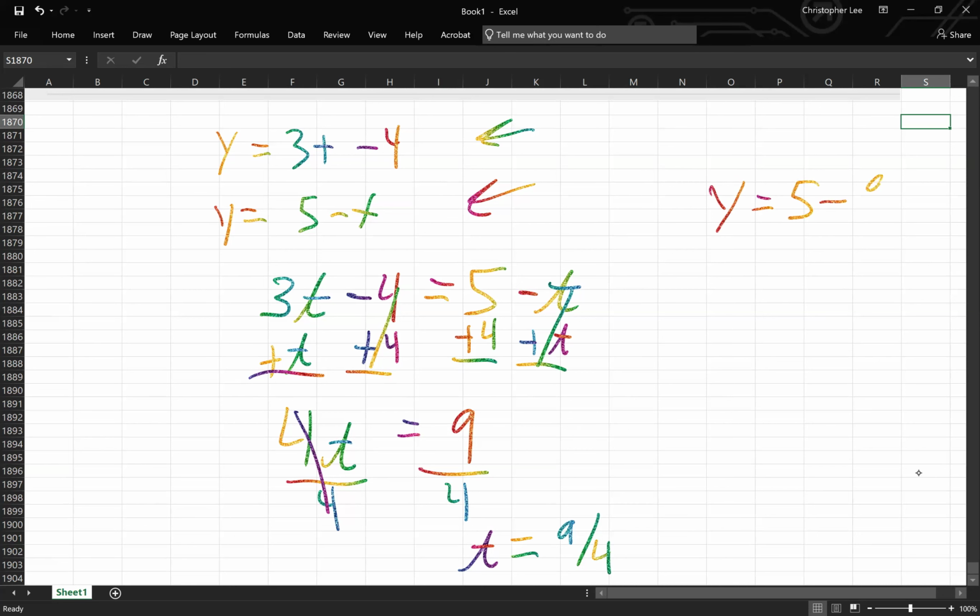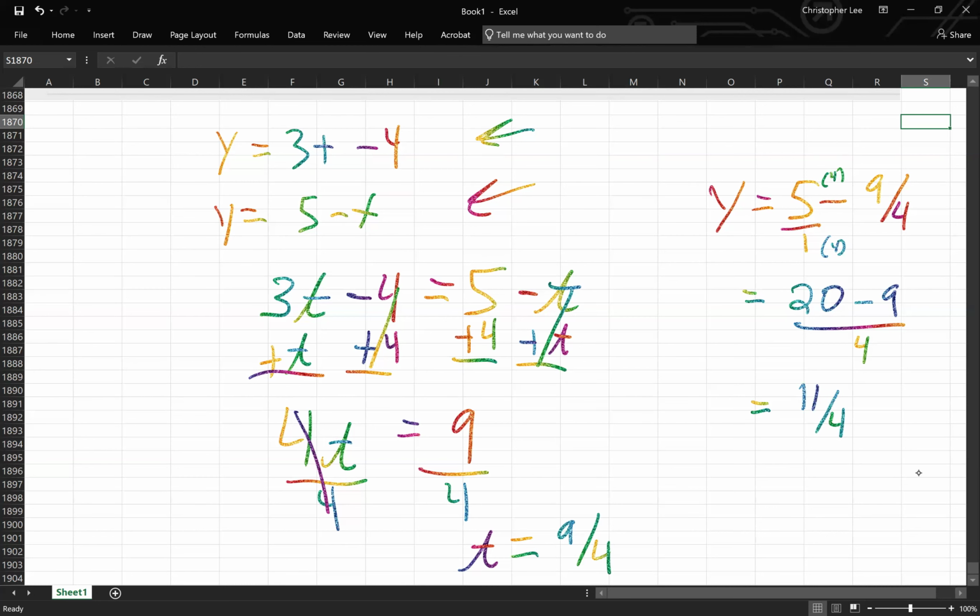T for me is what? 9 over 4, right? Put this as like over 1. So I have to multiply this by 4, multiply this by 4. This is what? 20 minus 9 over 4. Call that, what's that, like 11? So this is like 11 over 4, right?